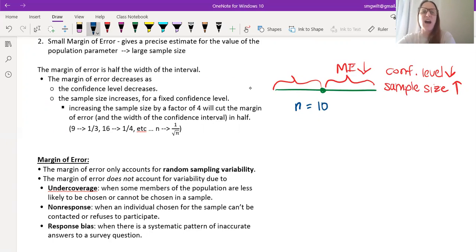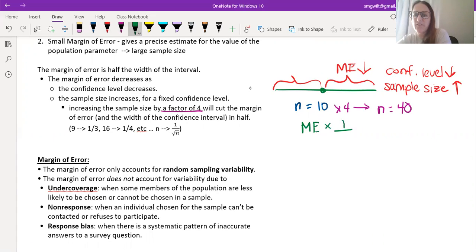And if I multiply that by a factor of 4, my new sample size would be 40, right? And what's going to happen with that is that it's going to cut my margin of error by a factor of 1 over the square root of that 4.